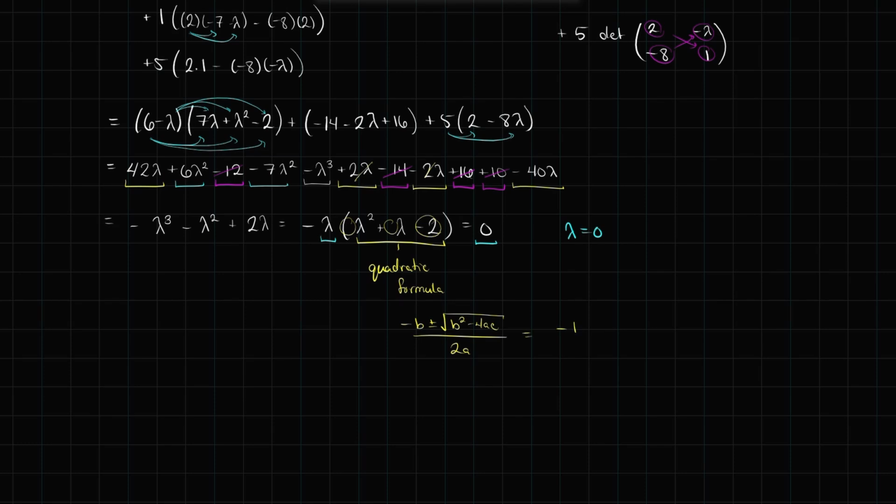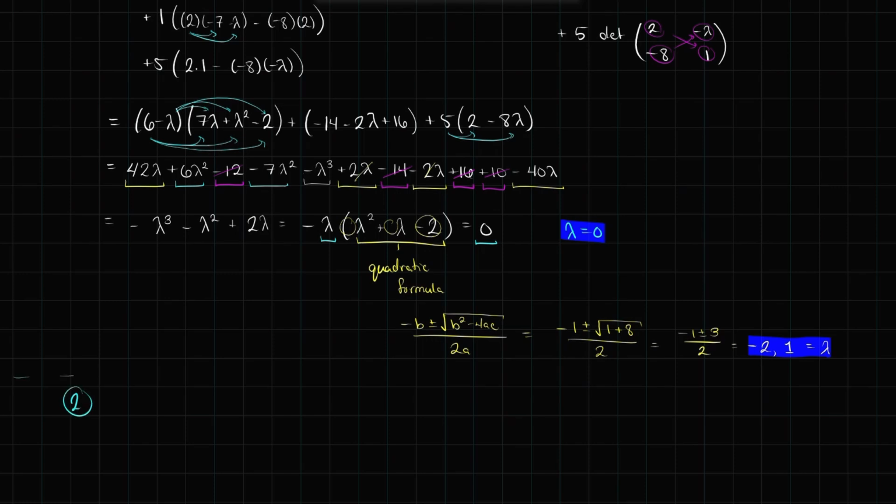So b is 1, I get -1 plus or minus the square root of 1 squared minus 4 times 1 times -2, minus -8, also known as plus 8, divided by 2 is going to be -1 plus or minus the square root of 9, negative 1 plus or minus 3 all over 2. Negative 1 minus 3 is negative 4 over 2, gives me negative 2. Negative 1 plus 3 is positive 2 divided by 2, gives me a 1. So I've got 3 cases of lambda. I have a 0, a negative 2, and a 1.